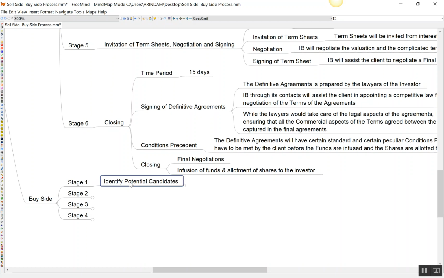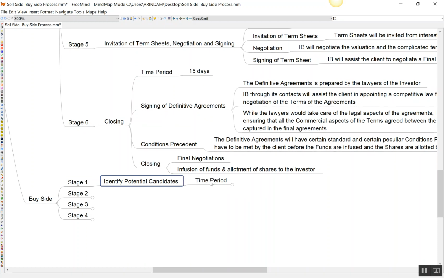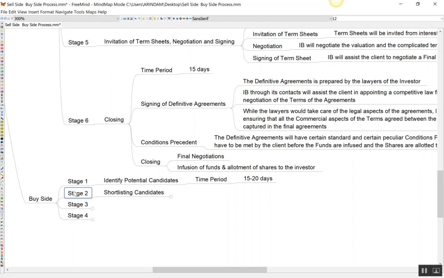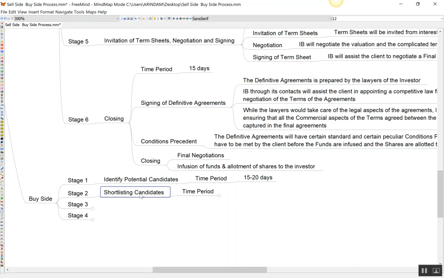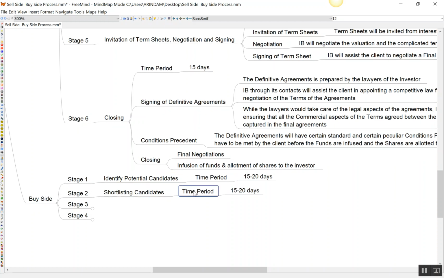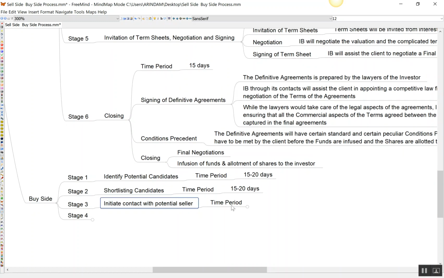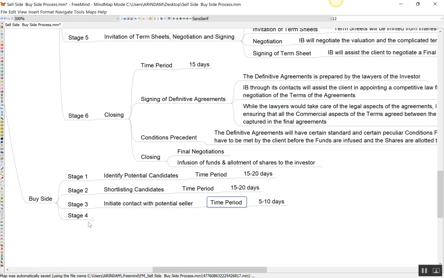So on stage 1, identification of potential candidates is the prime objective, which takes roughly around 15 to 20 days. In stage 2, shortlisting candidates, the time period is roughly around 15 to 20 days. And stage 3 is initiating contact with the potential seller, which takes roughly 5 to 10 days.